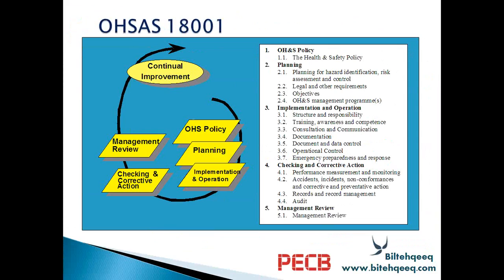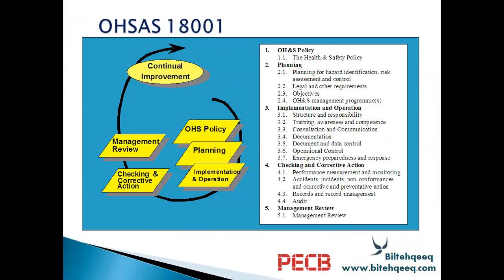The first element in the diagram is Occupational Health and Safety Policy, the second is planning, the third is implementation and operations, the fourth is checking and corrective action, and the fifth is management review. This is a continuous circle, and it will keep on improving. It will not stop anywhere.